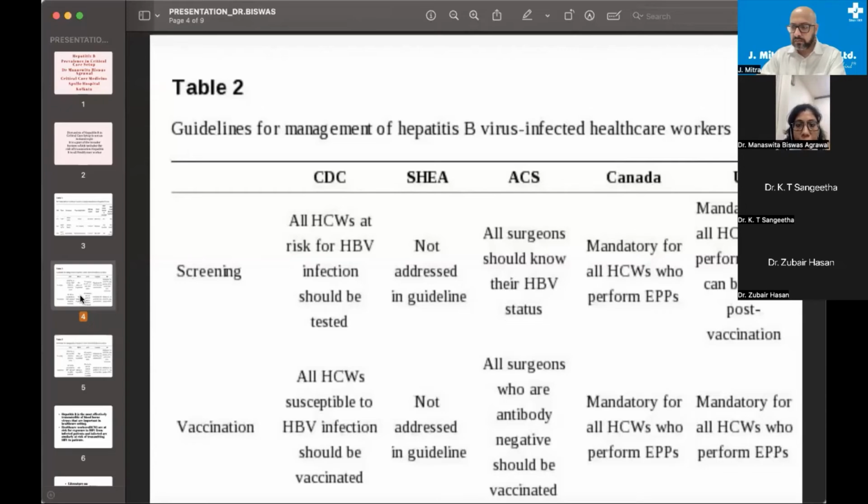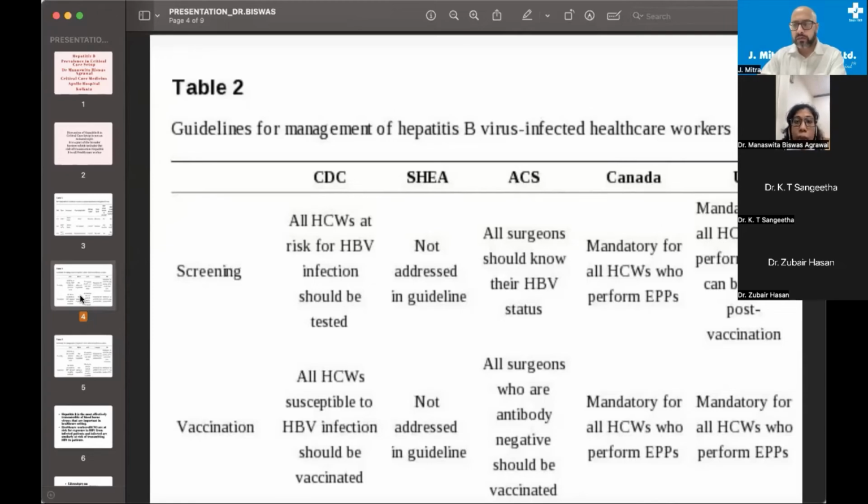So we can see if we take UK, UK always had this in their screening. It was mandatory for all healthcare workers who were performing EPPs to do it post-vaccination. So vaccination was a must. In India, I think vaccination was much ahead of time for doctors and mainly the medical practitioners.